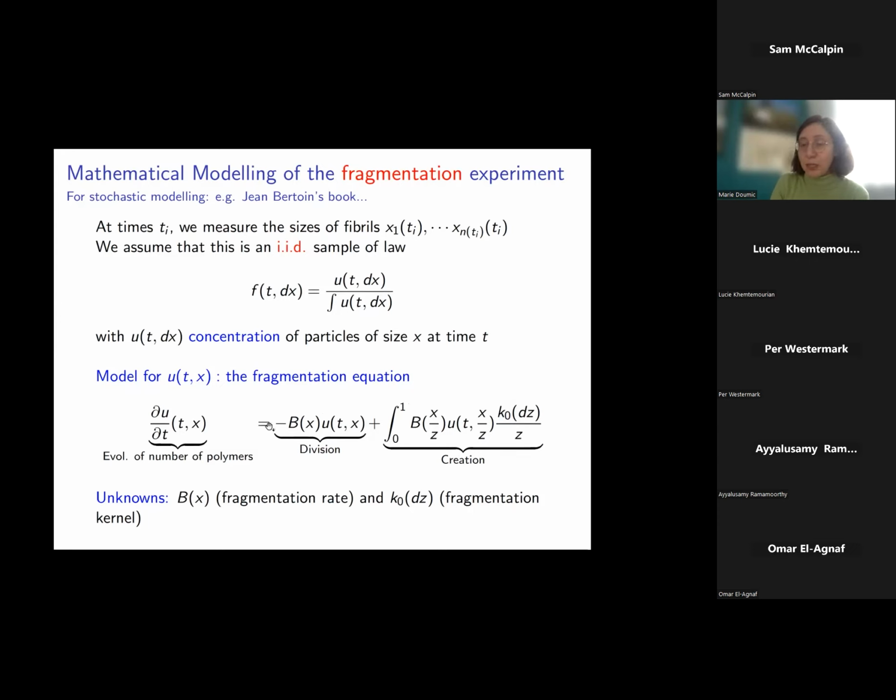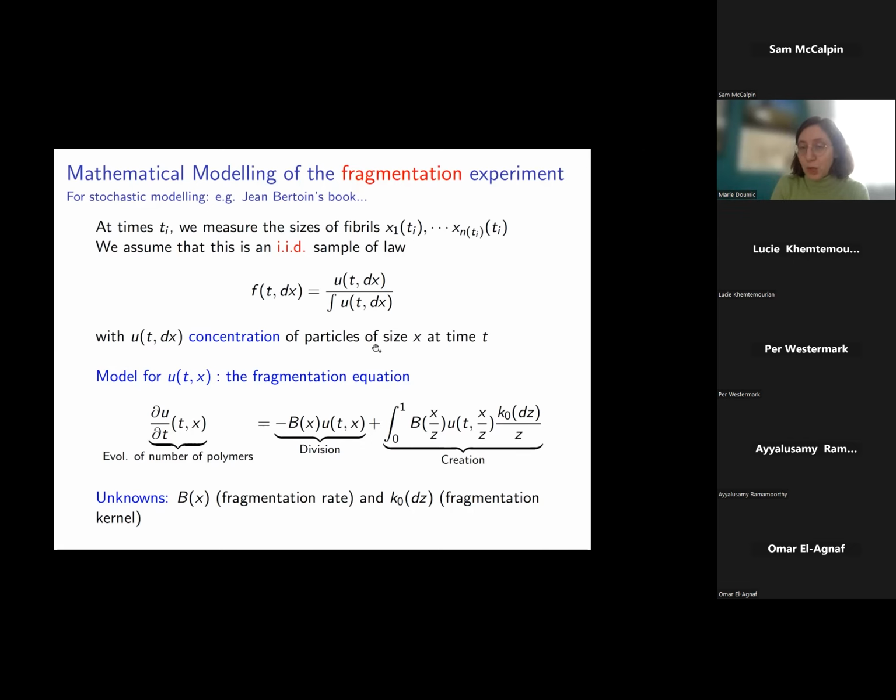Let's imagine, for instance, that you always break down in the middle. Then it means that polymers of size X can be created out of polymers of size 2X. Okay? So now we have a mathematical model.